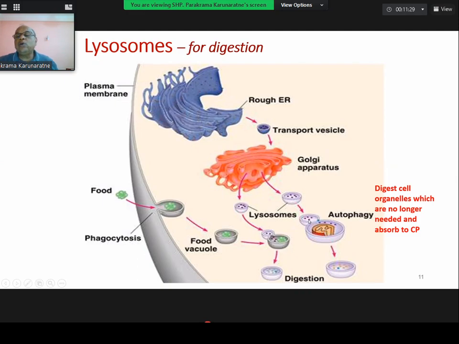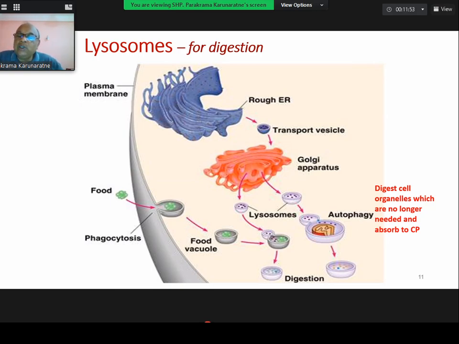Also, this lysosome can burst and digest the whole cell. This is an example I will tell you. You know the frog. The larval form of the frog we call a tadpole. A tadpole has a tail.